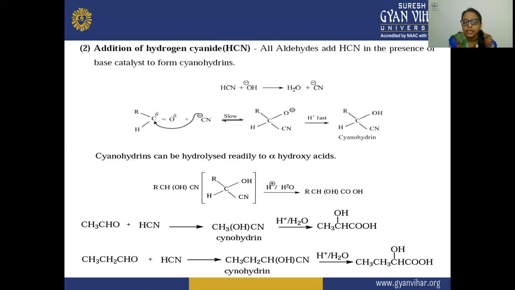Here you will see that HCN reacts with the base, that is OH negative, and there is a formation of a water molecule and CN negative, which is the nucleophile.